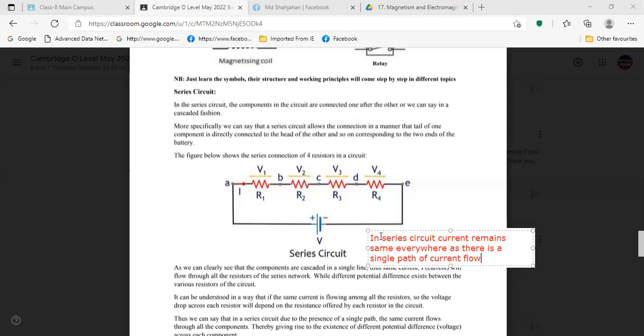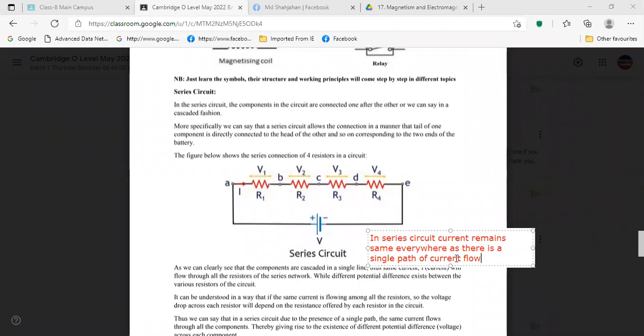So done. Writing is done. Yes, sir. Drawing and writing is done. No, not yet. In series circuit, current remains same everywhere as there is a single path of current flow.